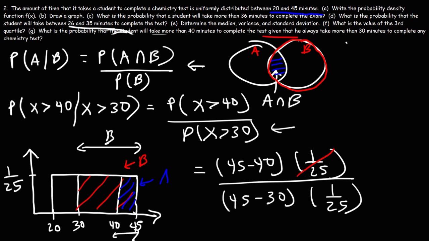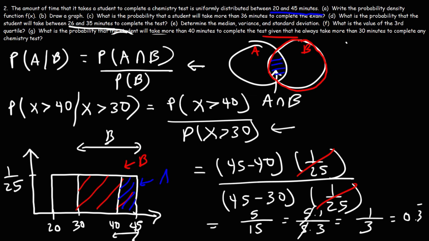So we could cancel 1 over 25. 45 minus 40 is 5. 45 minus 30 is 15. So 5 over 15. 15 is basically 5 times 3. 5 is 5 times 1. We can cancel a 5 and get the answer 1 over 3. And 1 over 3 as a decimal is basically 0.3 repeated.